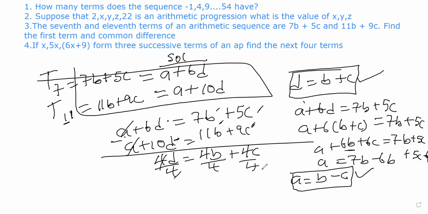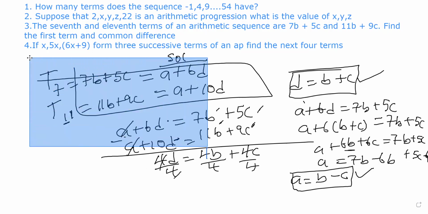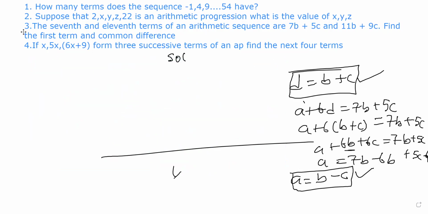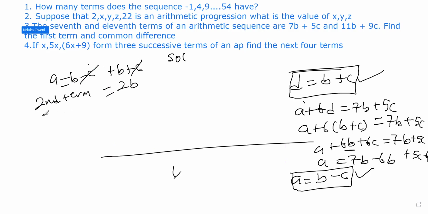Now we can also try this out. To get the second term, I will add the common difference to the first term. Let me wipe the board. If the first term is b minus c, to get the second term we add the common difference, which is b plus c. So the minus c will cancel out with the plus c, and we get 2b. To get the third term, we add the common difference again, which is 3b plus c.